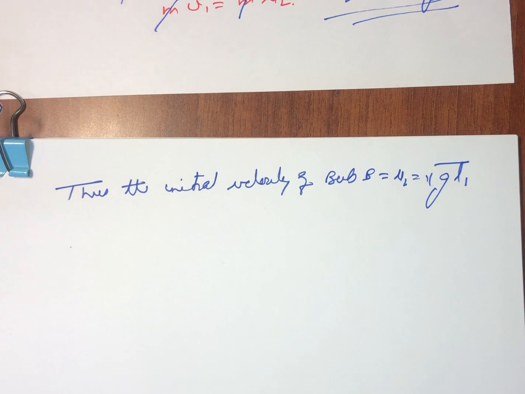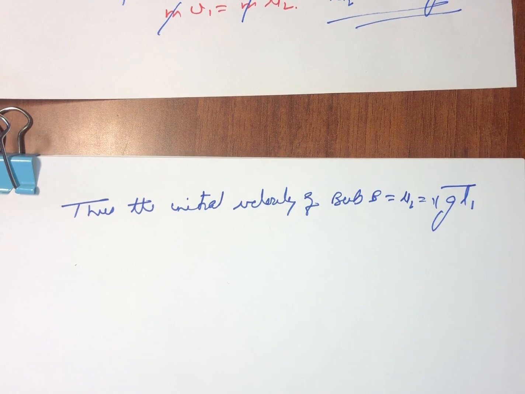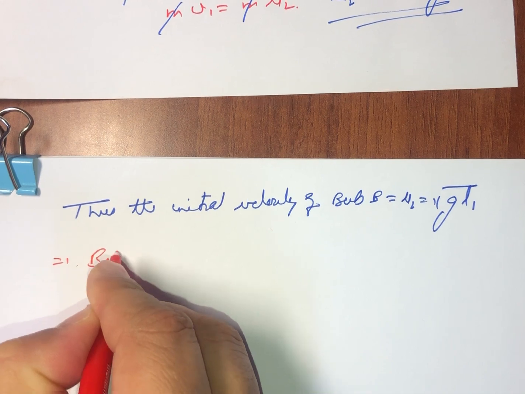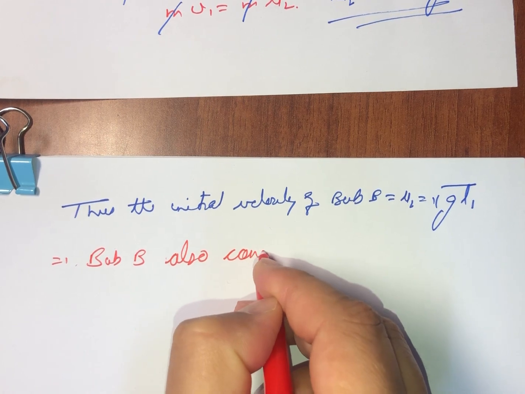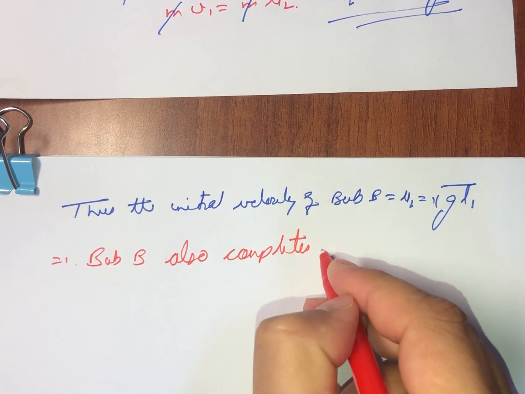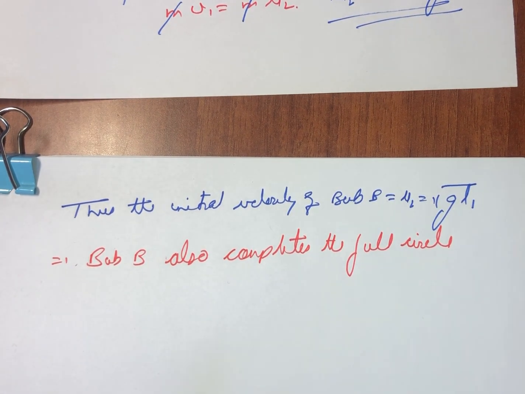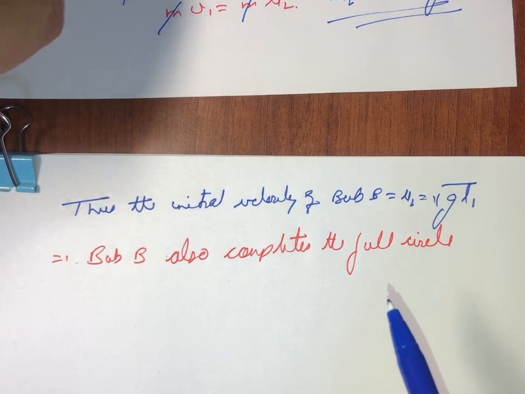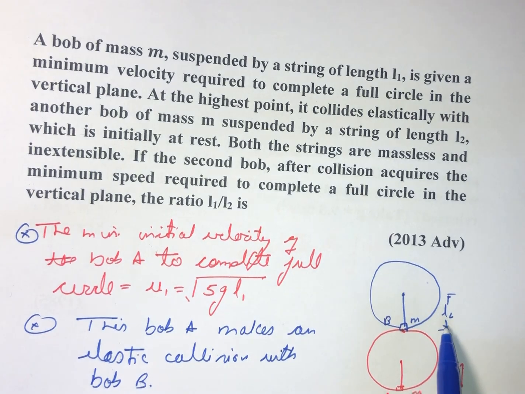That means bob B also completes the full circle, and we already know that the initial velocity required to complete the full circle is given by the square root of 5g times the radius, in this case L2.